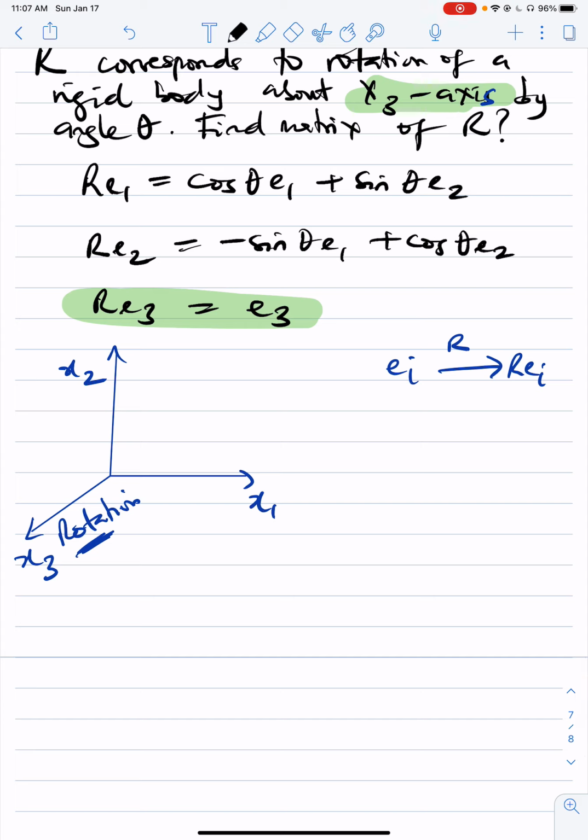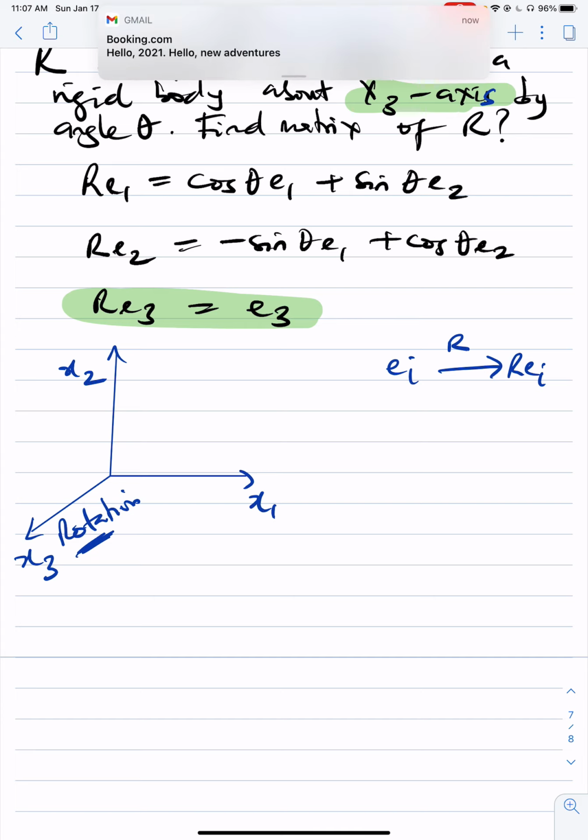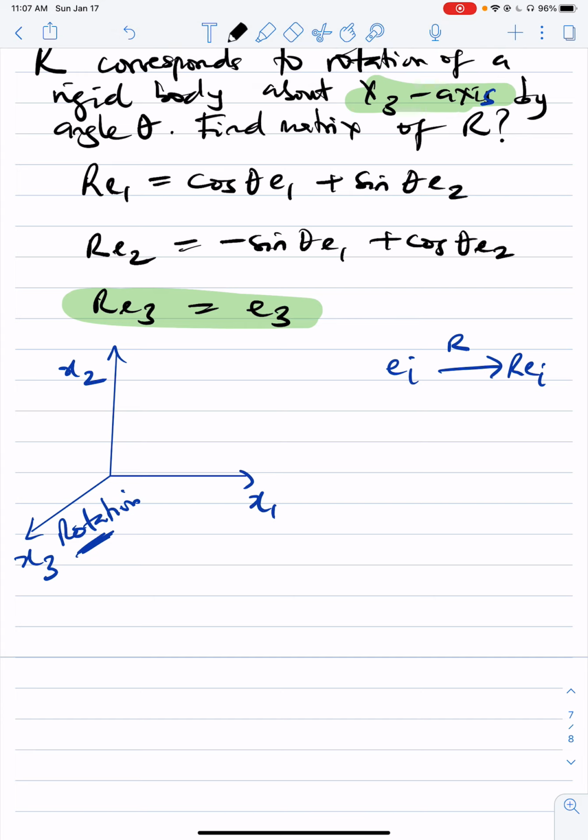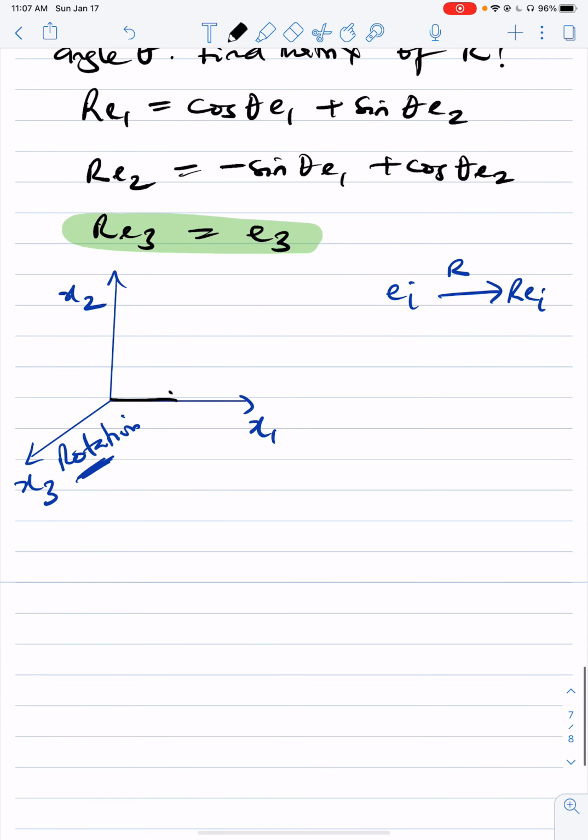So obviously these values have changed in one way or the other. Let me explain this. Okay. So we have x1, x2, then E1 will lie on this, right? E2 will also lie on this unit vector.